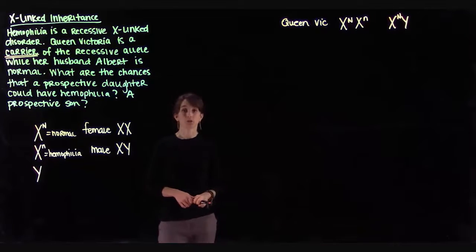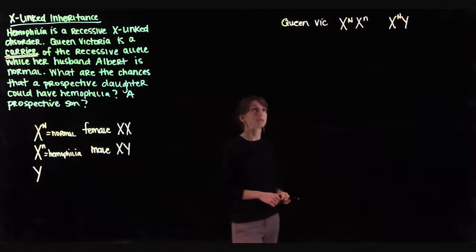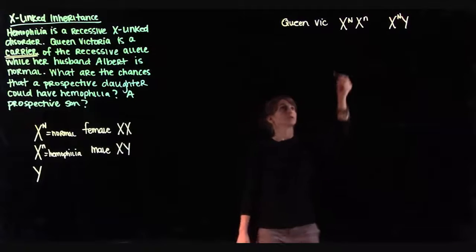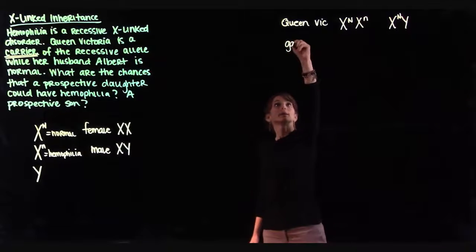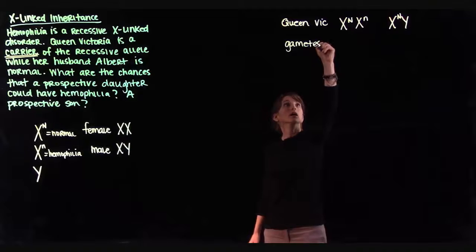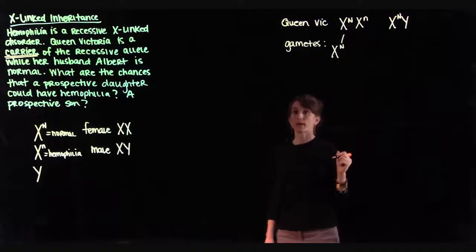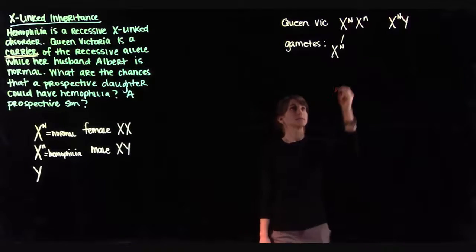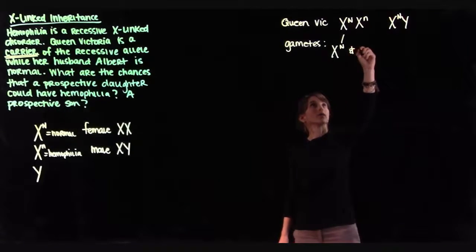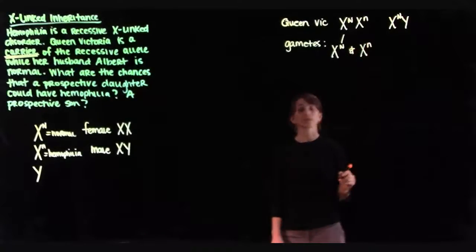Once we have our parents' genotypes, we can figure out what types of gametes they will produce. Queen Victoria can pass on an X big N. So half of the eggs that she produces will contain X big N, and the other half will carry X with a little n.